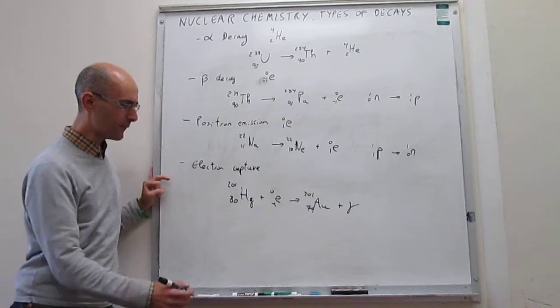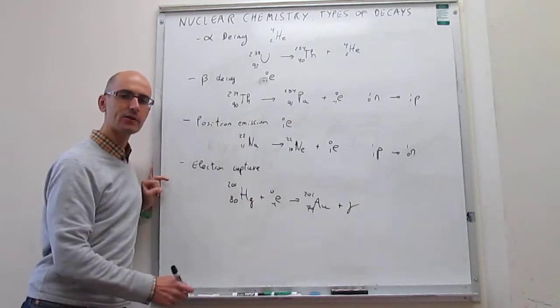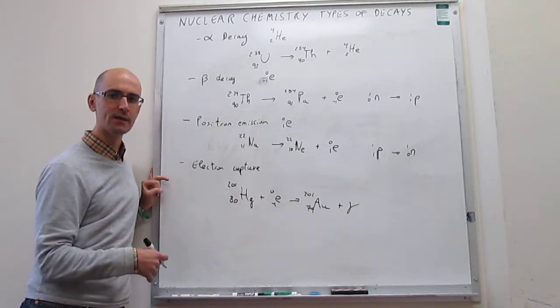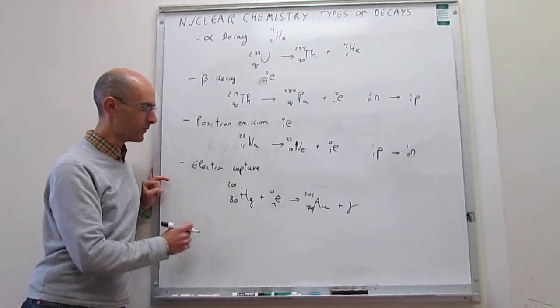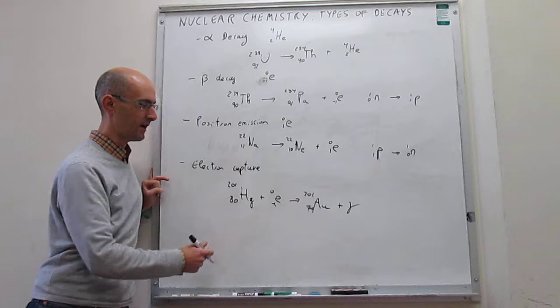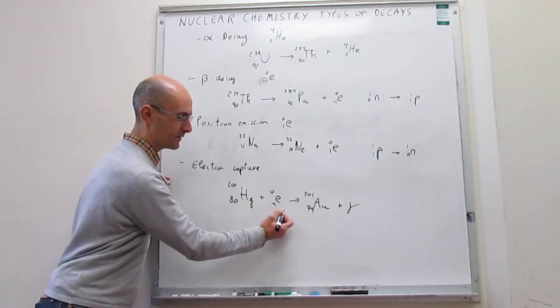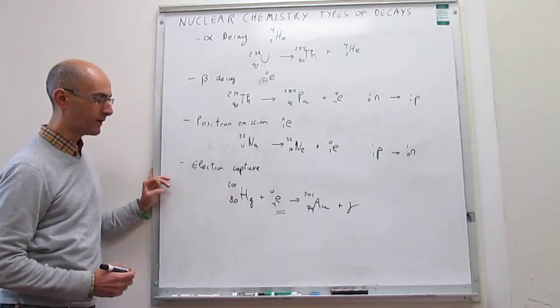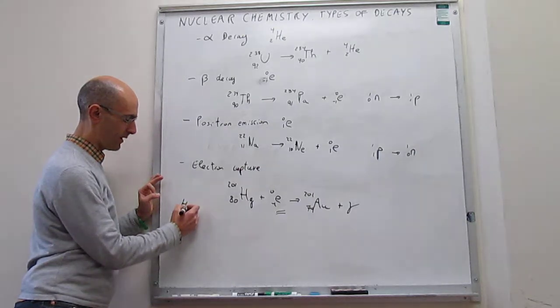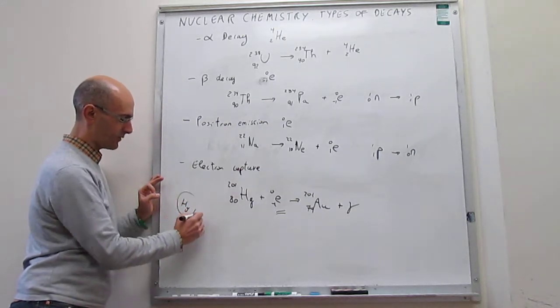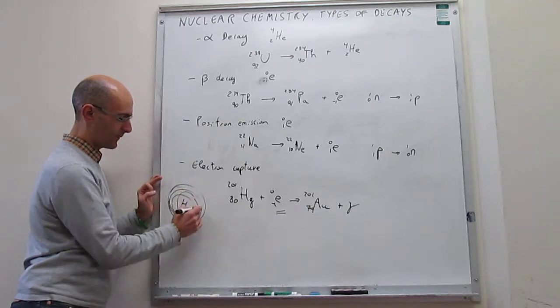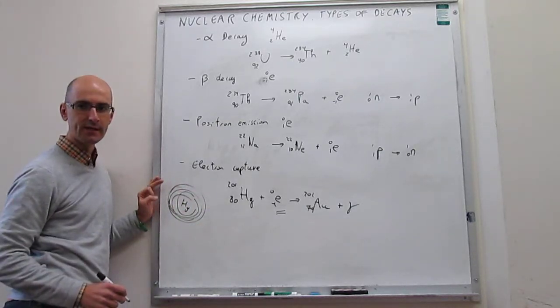Now, something that is important is that this electron actually does not come from the outside of the atom, right? So we're not bombarding this mercury with electrons to try to turn it to gold. This actually is one of the electrons of the mercury atom. If the mercury atom is neutral, you actually have 80 electrons, which are distributed in the atomic orbitals that we have studied elsewhere.